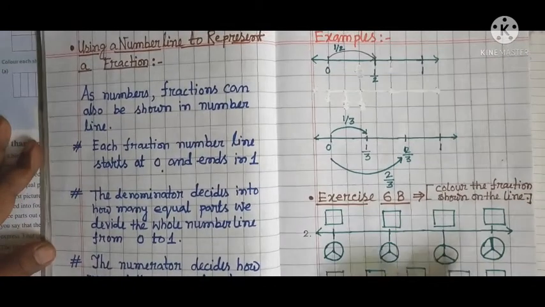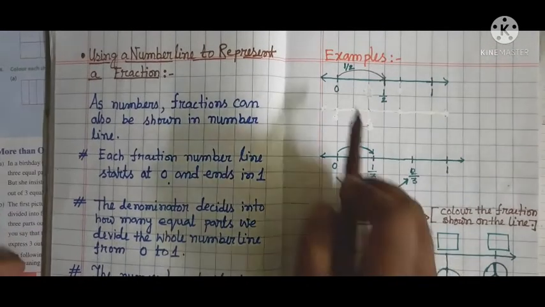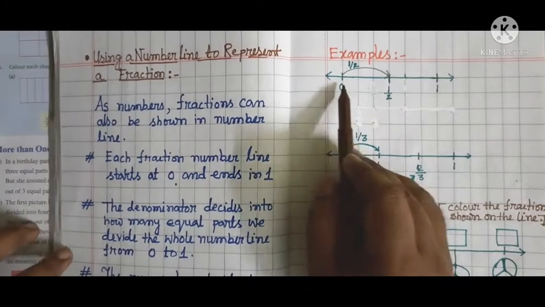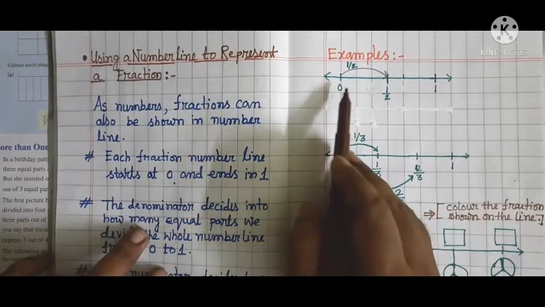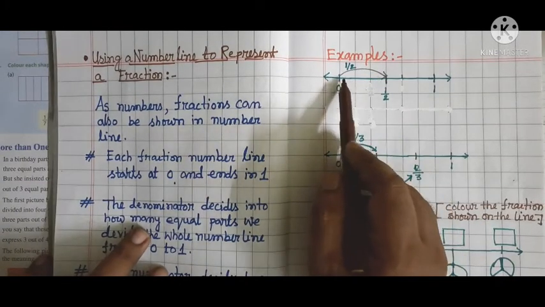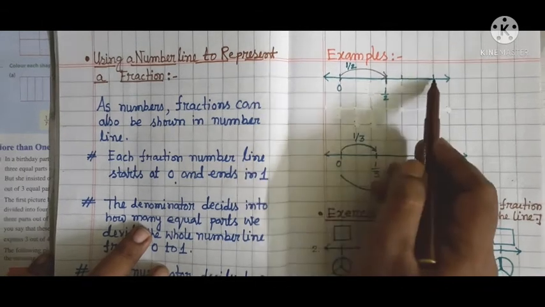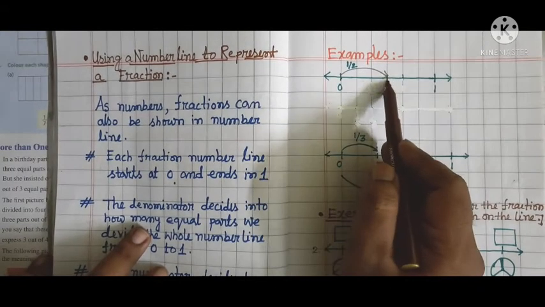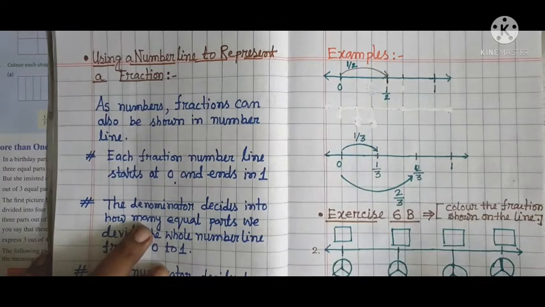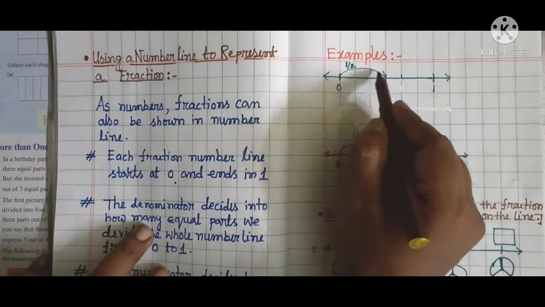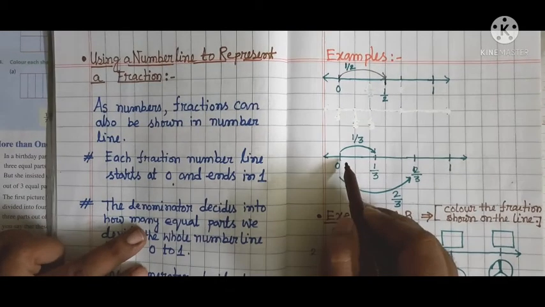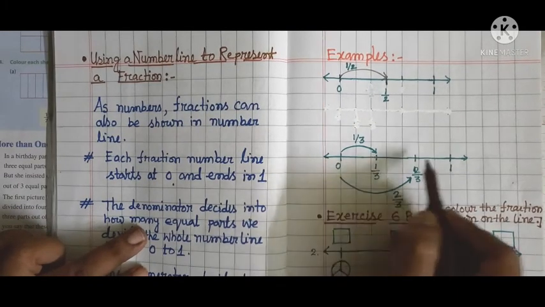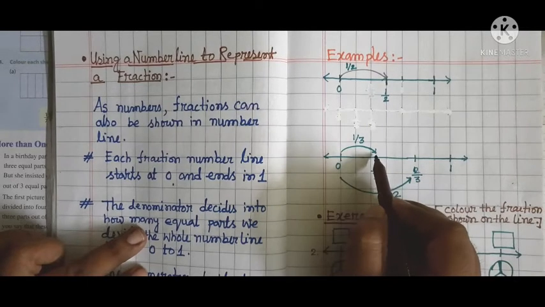Okay, at first we see the picture. Here there is a number line, with 0 as the starting point and 1 as the end point, and we divide the total portion into half, therefore that will be the half point, the 1 by 2 point. Okay, from 0 to 1, half. Similarly, we divide 0 to 1 into 3 equal parts, therefore it will be 1 by 3.